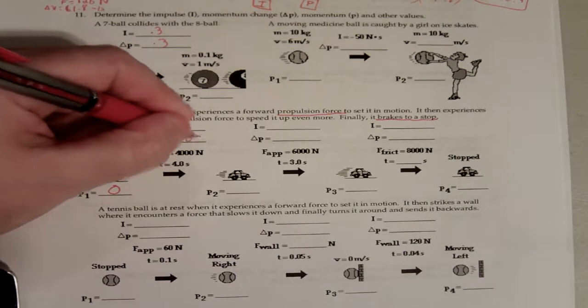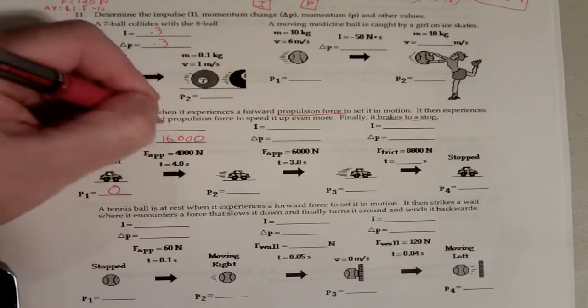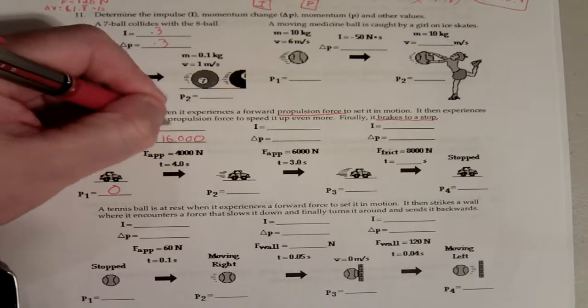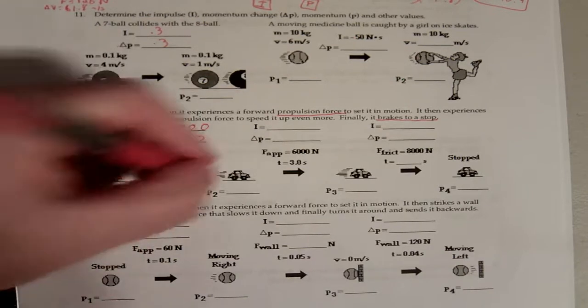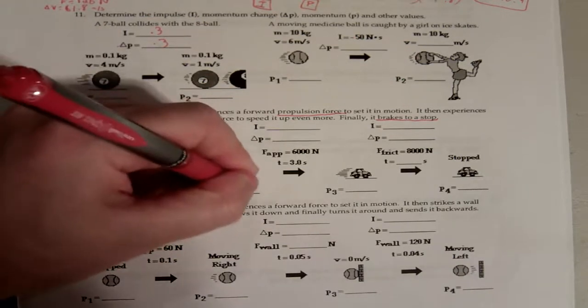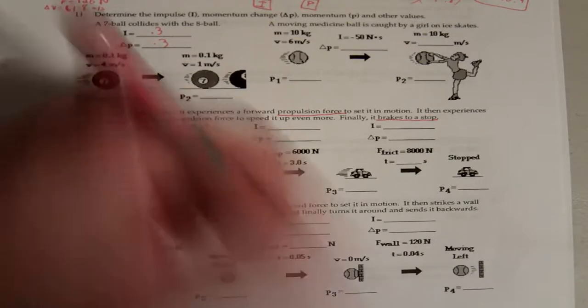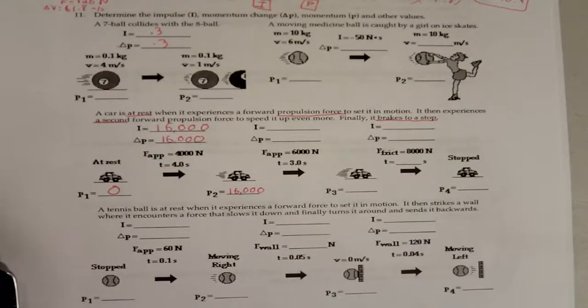Which means our impulse is 16,000. All right, so that's what it's sitting at right now. It's sitting at 16,000 kilogram meters per second, right? All right, so then we've got that.